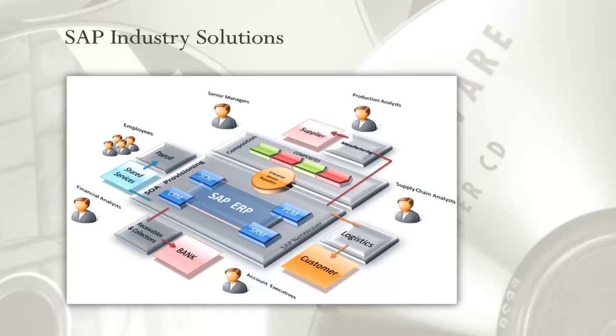Industry solutions combine standard processes with specialized requirements and functionality. These solutions span a wide variety of industries that include manufacturing, processing, financial and service industry companies. By the end of 2012, SAP offered 24 industry solutions to its customers.